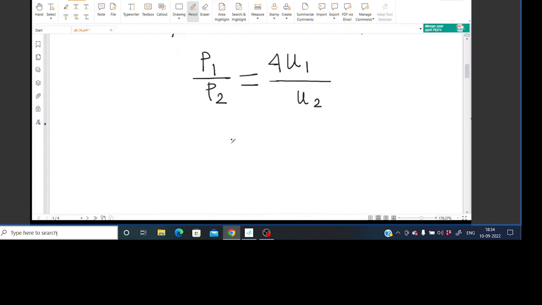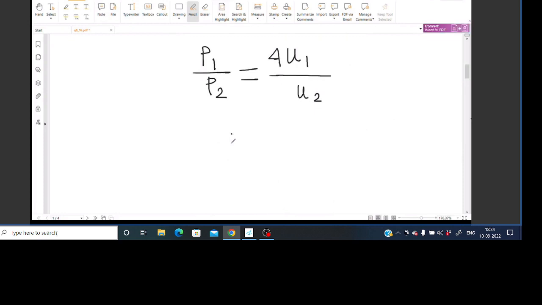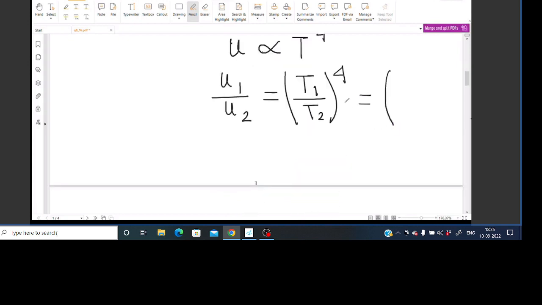Here U1 and U2 are the energy radiated per unit area per unit time for the black bodies 1 and 2. From the Stefan's law, we know that U is proportional to T to the power 4. So U1 by U2 equal to T1 by T2 whole to the power 4. Here T1 by T2 is half. So U1 by U2 is equal to 1 by 16.